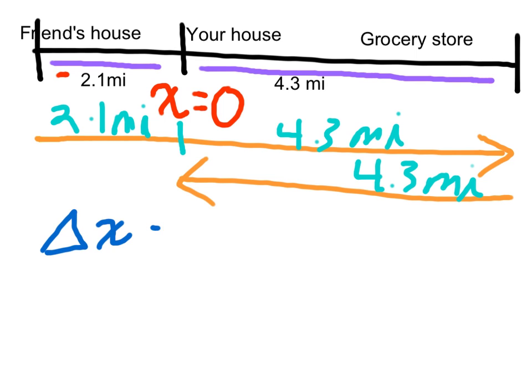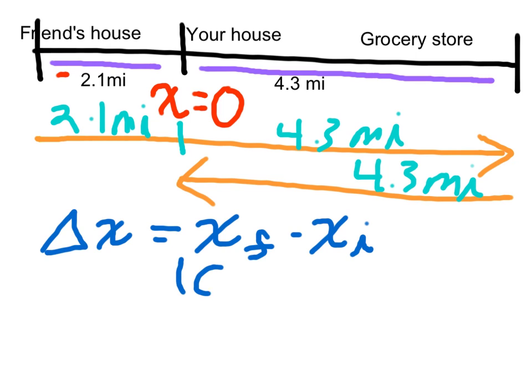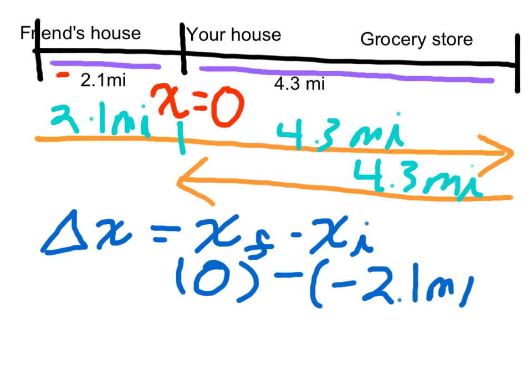Displacement, delta x, is final position minus initial position. The place where I end up is my house. So my final position is 0 miles. The place where I started is my friend's house, which is at x equals negative 2.1 miles. Okay?